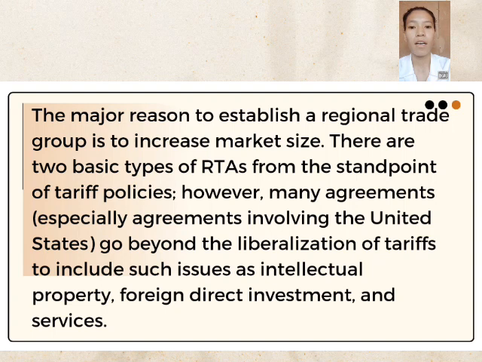There are two basic types of RTAs from the standpoint of tariff policies. However, many agreements, especially agreements involving the United States, go beyond liberalization of tariffs to include such issues as intellectual property, foreign direct investment, and services.